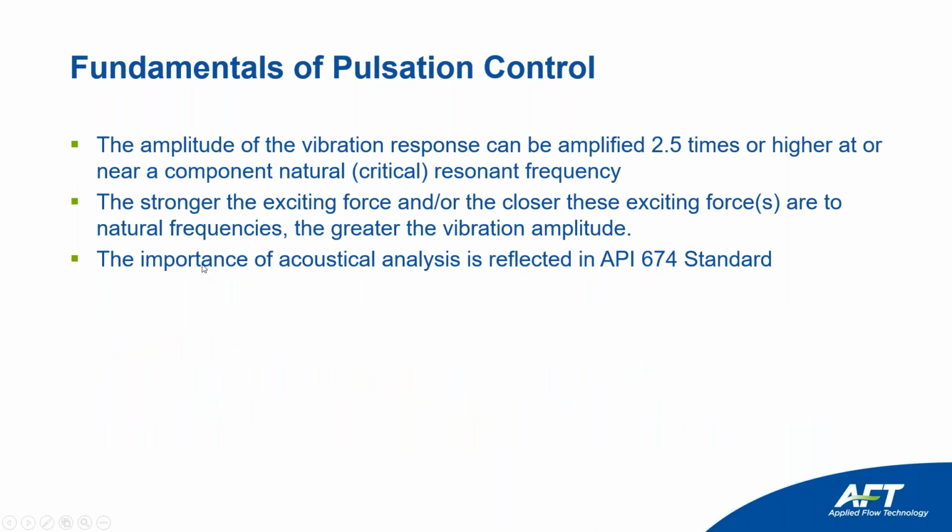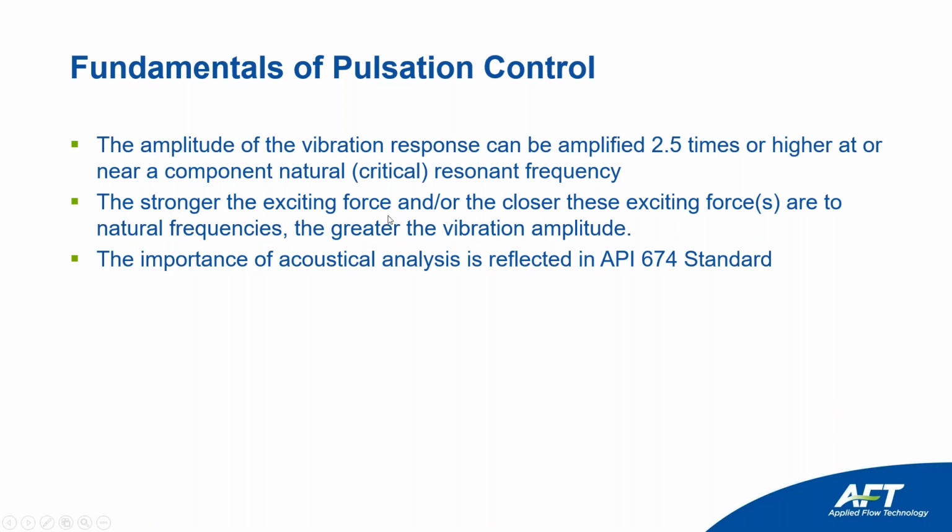The amplitude of the vibration response can be amplified 2.5 times or higher near a component's natural critical resonance frequency. So if you have acoustical resonance at one of the acoustical natural frequencies of the system, it can be amplified up to more than 2.5 times.